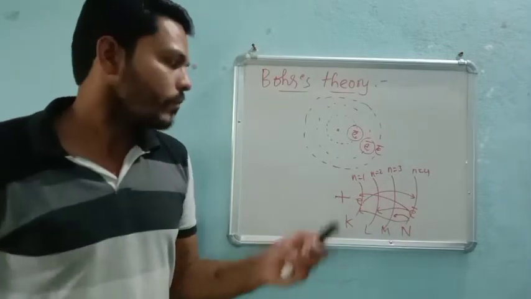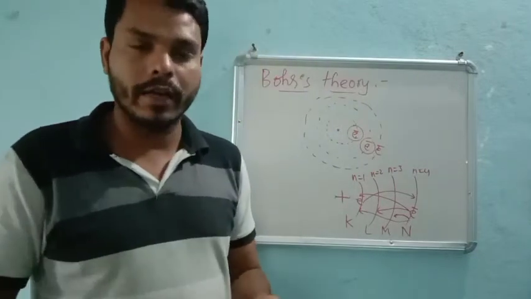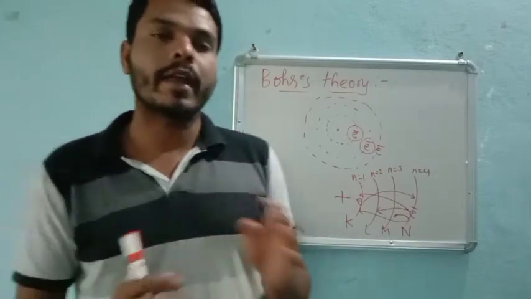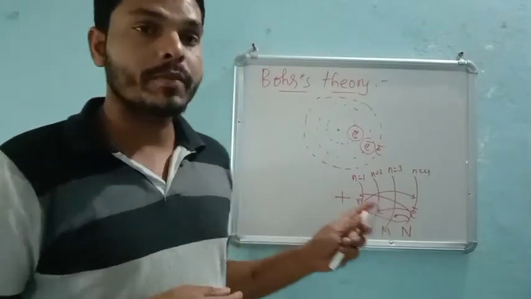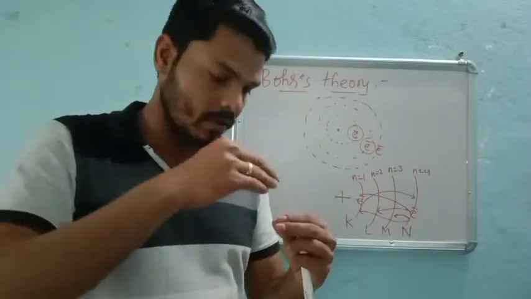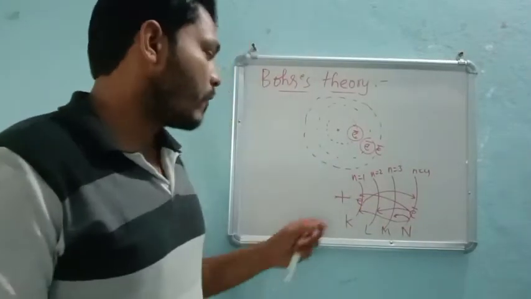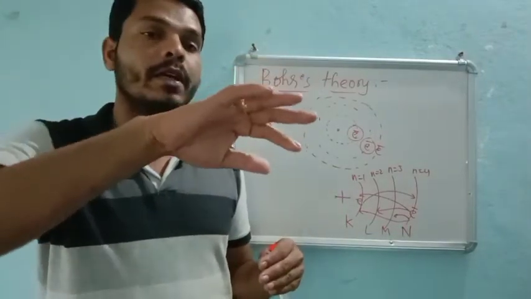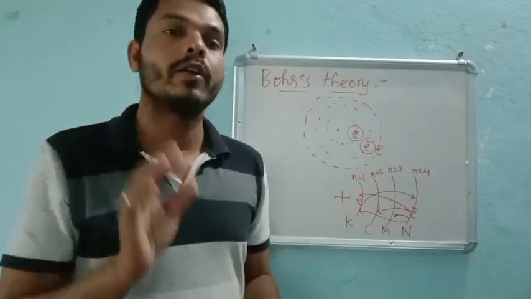So whenever the electron revolves in the same circular path, it neither gains nor loses energy. But when absorption takes place, it gains energy and jumps from a lower energy level to a higher energy level. And when it loses energy, it will come back from the higher energy level to the lower energy level.